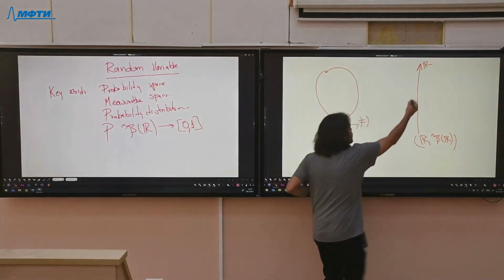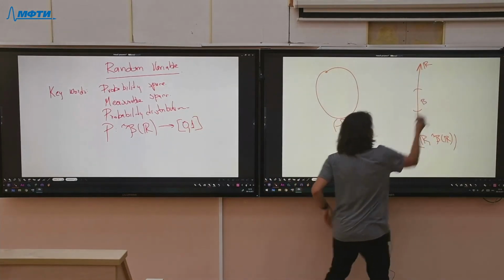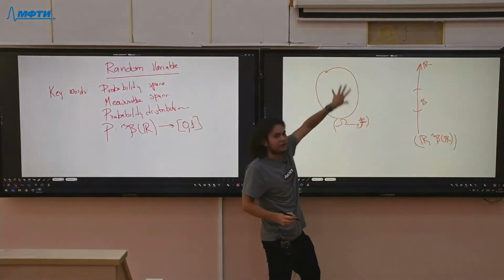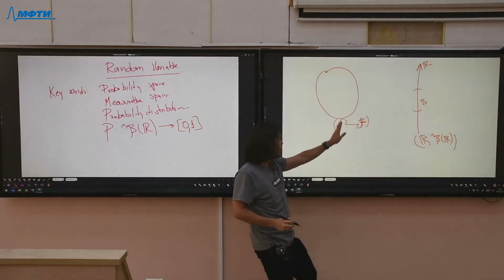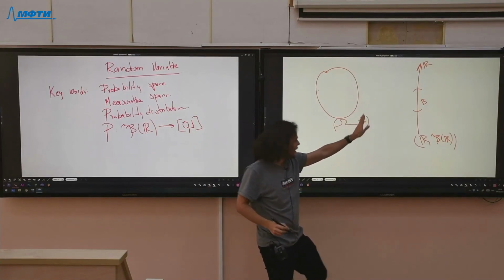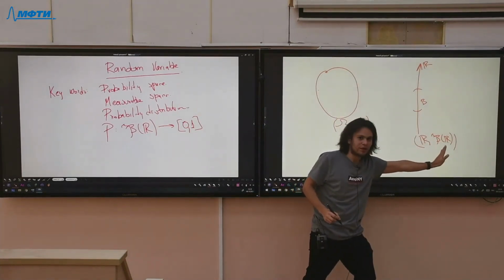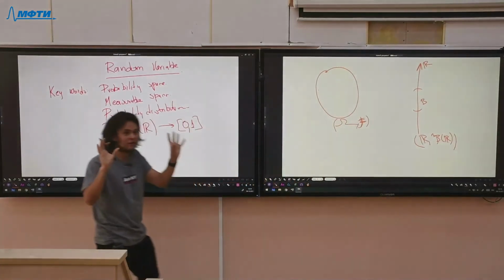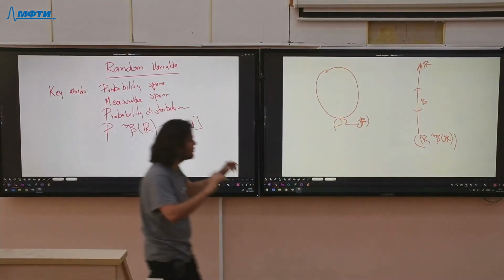F is the sigma algebra on this omega. So we have a set with a sigma algebra here, and a set with a sigma algebra here: two different spaces.